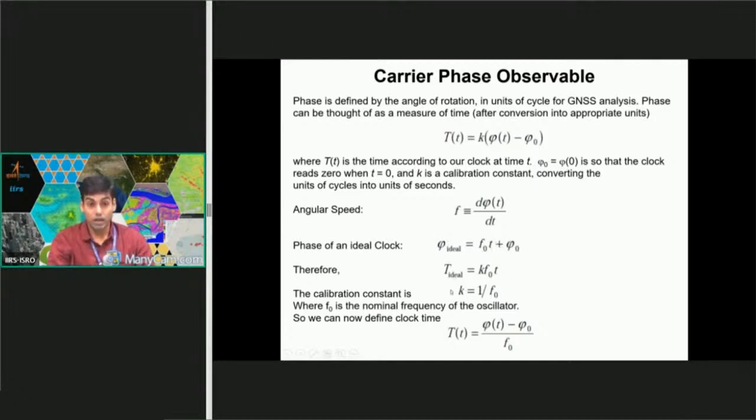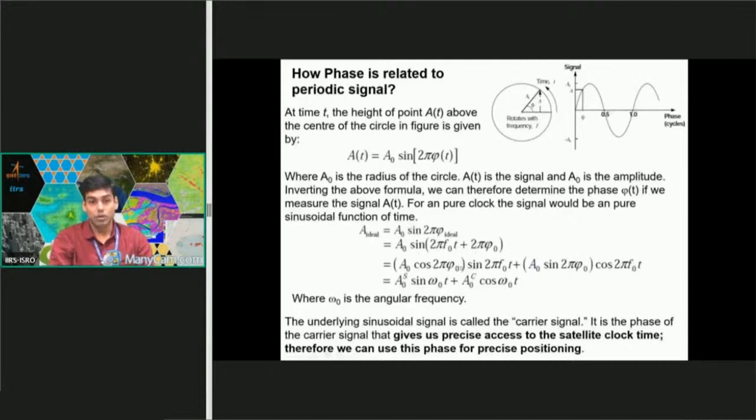Therefore t ideal will have f naught t, where calibration constant k is 1 by f naught. Finally we get small t as phase t minus phase naught upon f naught, if we keep this calibration constant here. Now we will utilize this formula to derive the carrier wave.